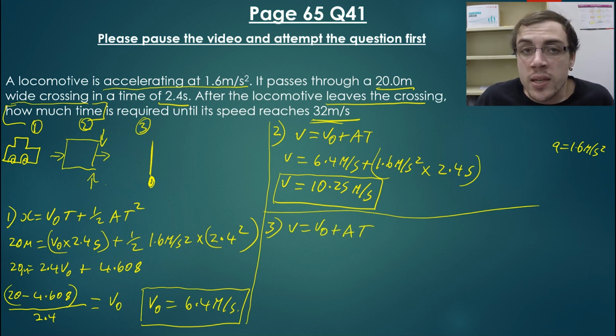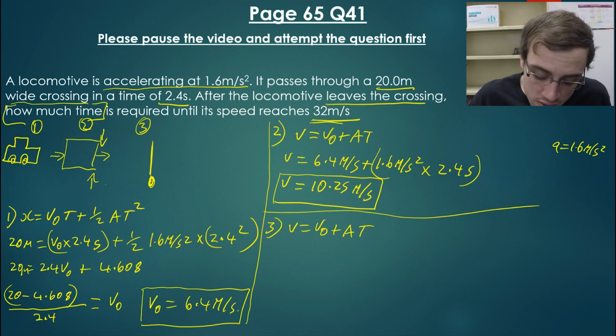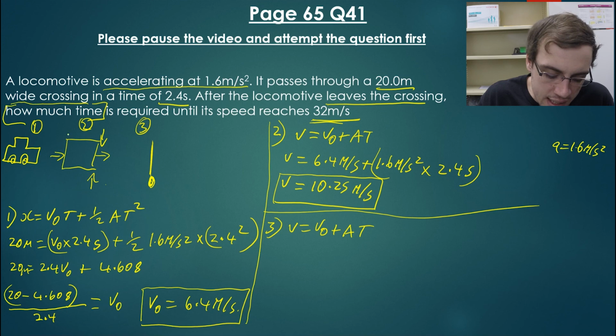This is where things slightly change, because our initial velocity is now 10.25, since we're looking at the car starting here and finishing here, whereas before we were looking at it starting at the earlier point.